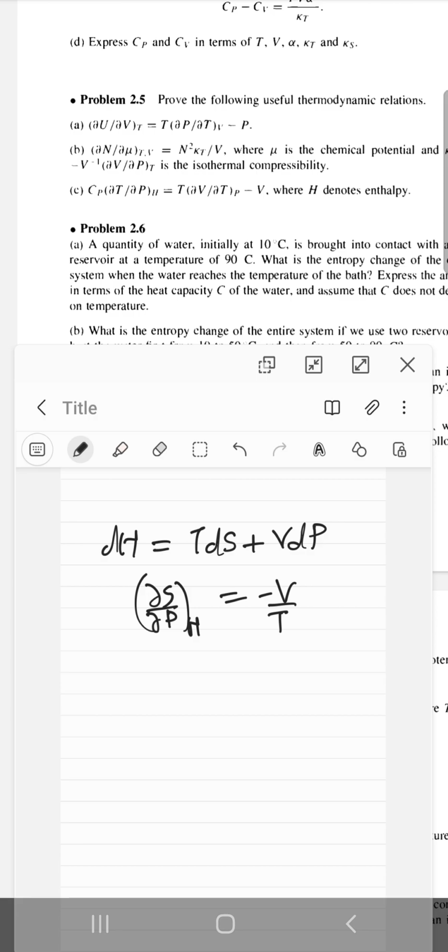How do I make heads or tails of this? Constant enthalpy, partial T by partial P. How can you do this? Constant enthalpy, and you want to figure out the variation of temperature and pressure, huh? Okay, come on, think about it.